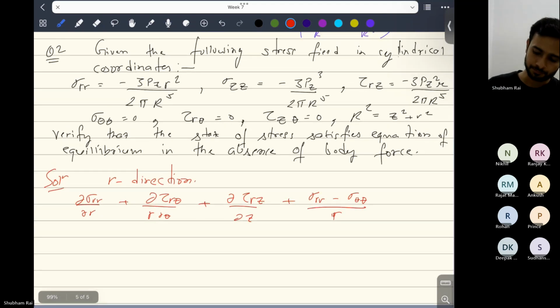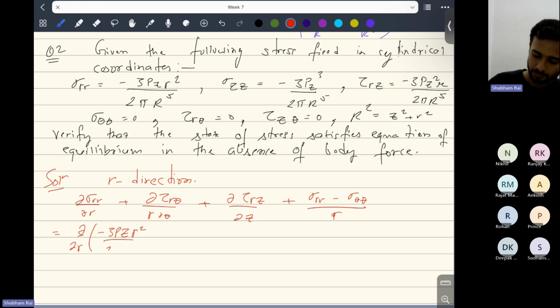So just differentiate and put the values. So I'm differentiating this del sigma rr by, so let me just do that.